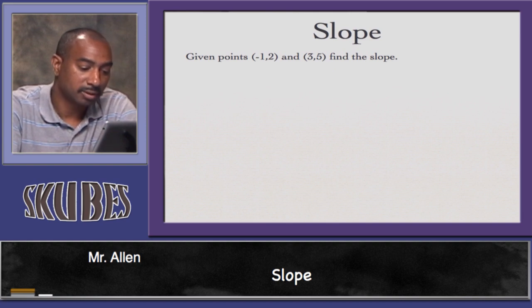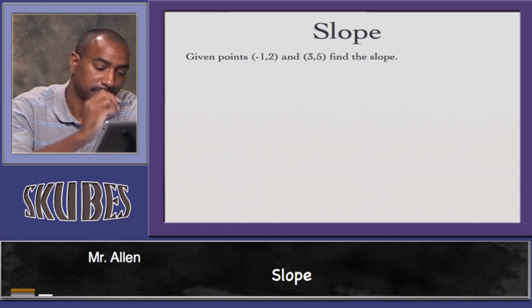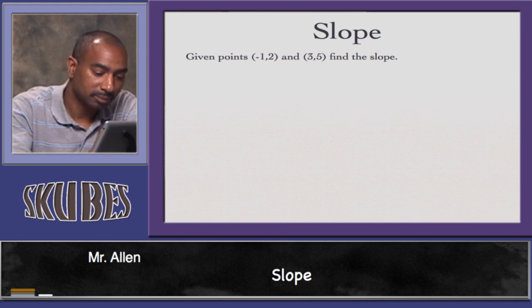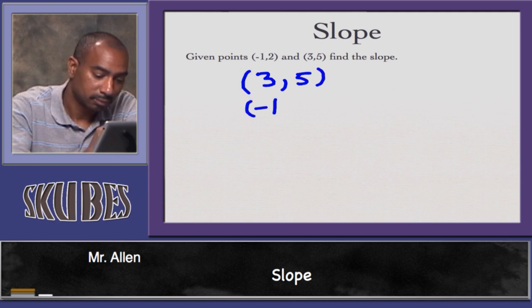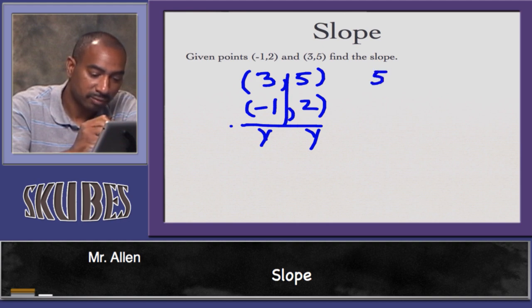Given points (-1, 2) and (3, 5), find the slope. All right, same thing. We know that these are my y's and these are my x's. So I can say 5 minus 2, but then I have to say 3 minus.